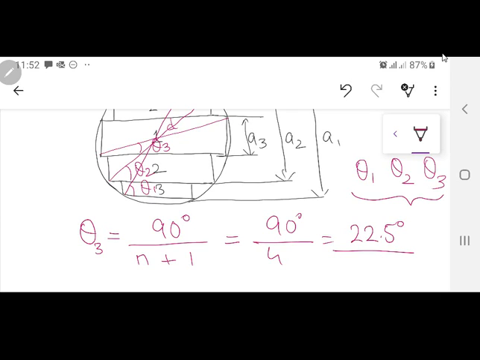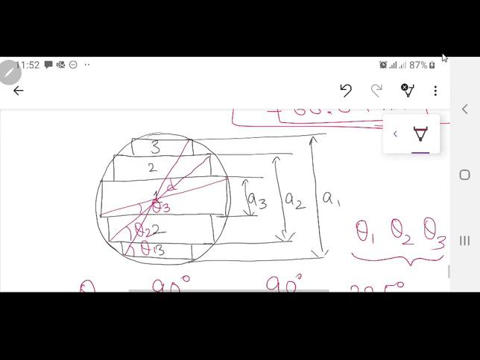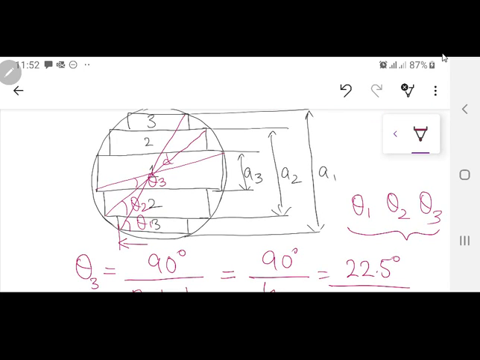Your assignment is this. You have to find out this theta 1, theta 2 and theta 3 mathematically. Now how are you going to do it? The hint is this. You know this is A1, A2 and A3. You also know these dimensions, this one over here or this one or the other one. They all are symmetrical.